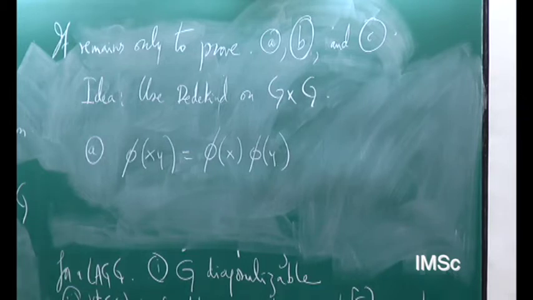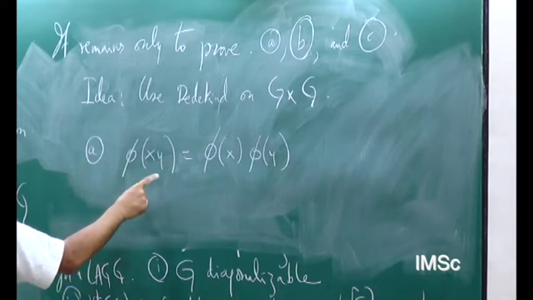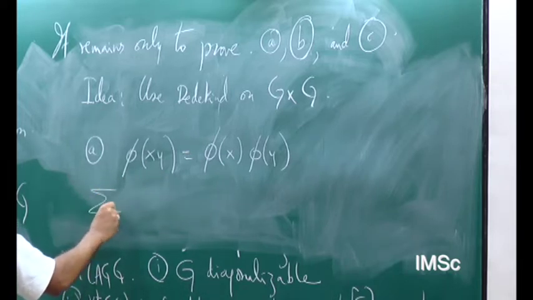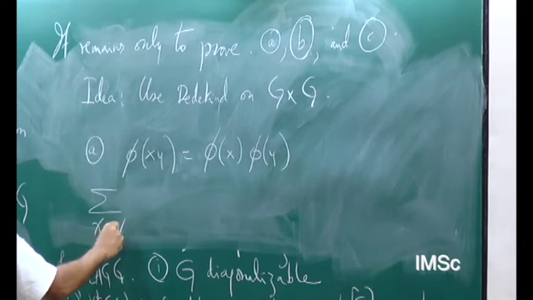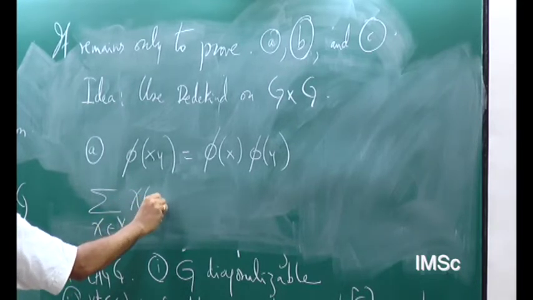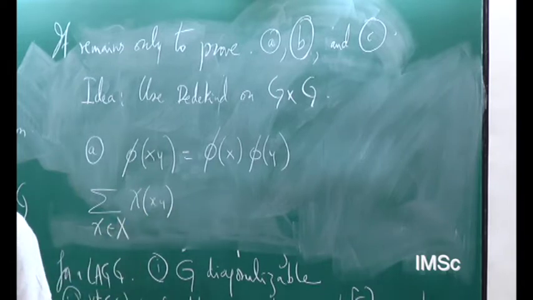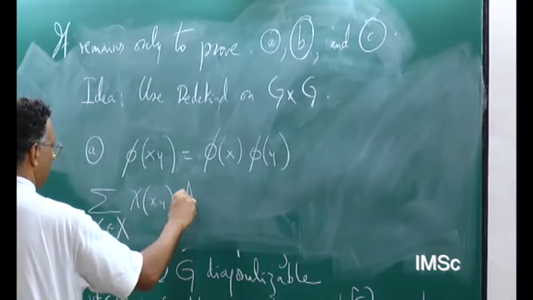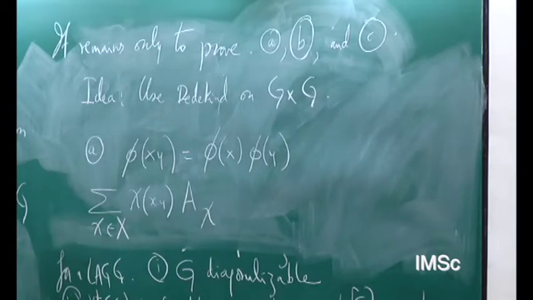Because phi is a homomorphism, and so let us write this out. What does this mean? Phi of xy would mean the sum over chi of chi of xy A chi, on the one hand.